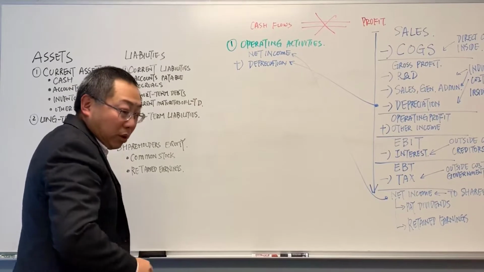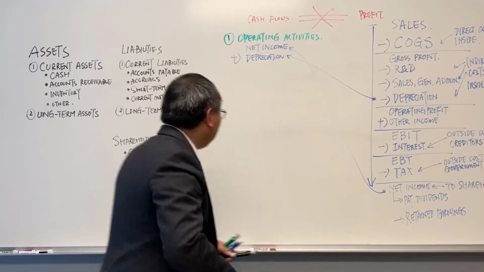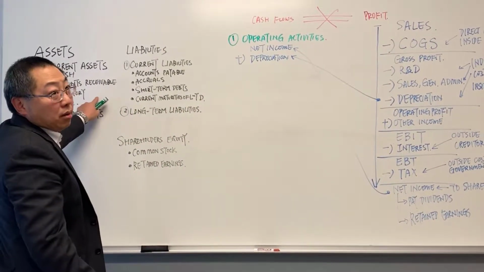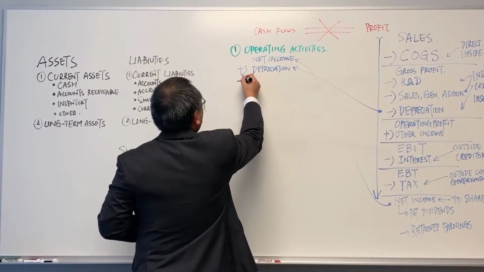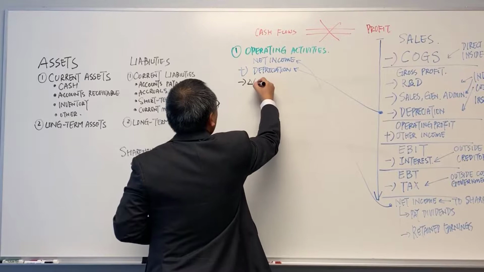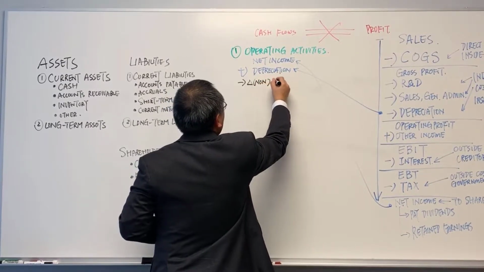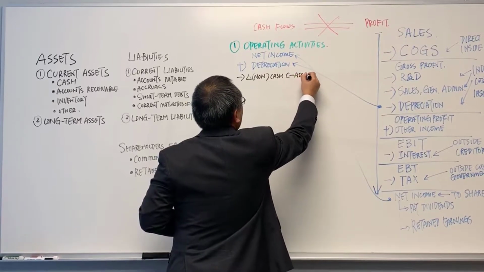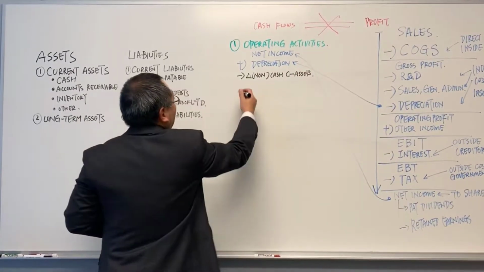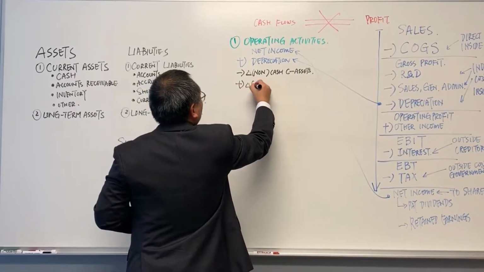Then I'm going to grab my black pen, looking for some items in the balance sheet. We are going to subtract the change in non-cash current assets. And we are going to add the change in the non-debt current liabilities.